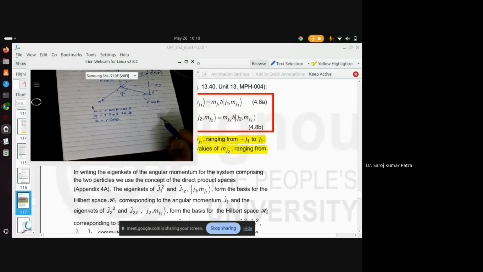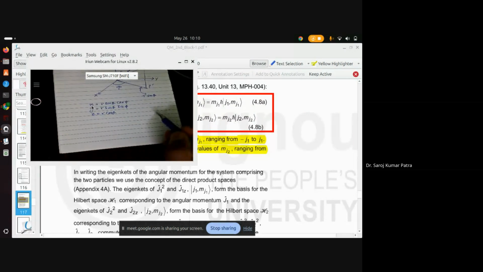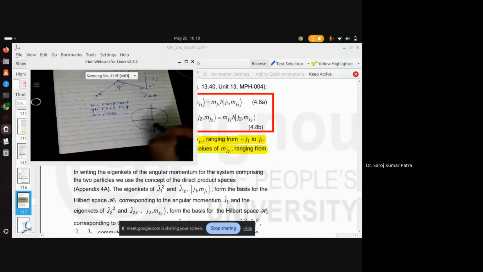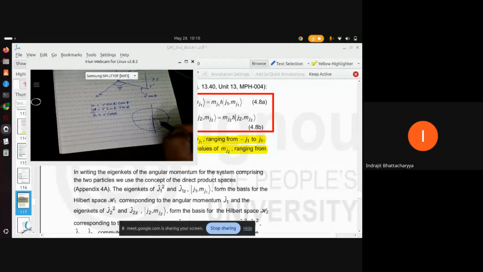So what will happen? My drawings are not that good, but let me try. Instead of taking all values, it will take this value, and the next one would be somewhat like this. The middle one is 0.